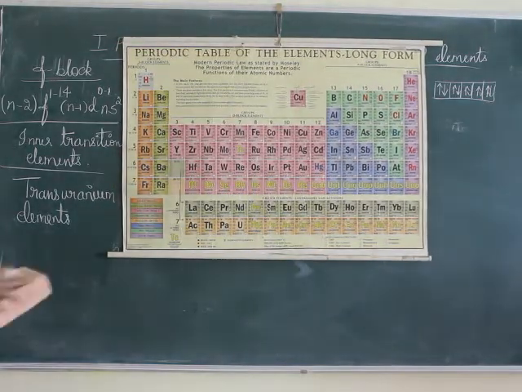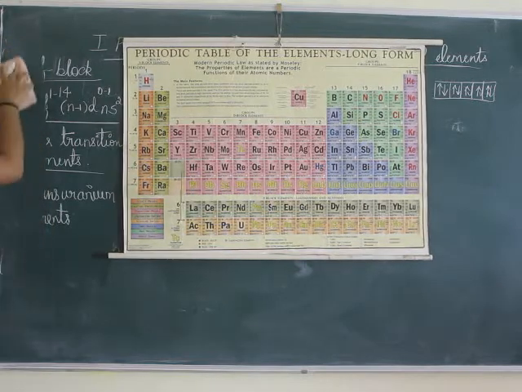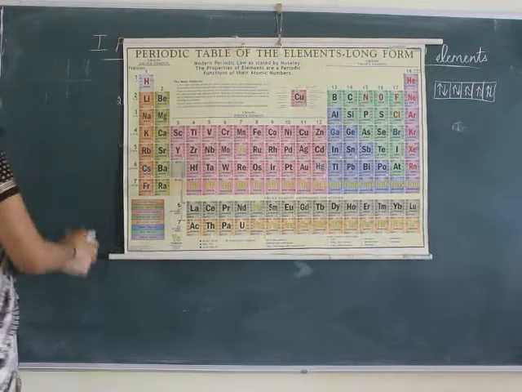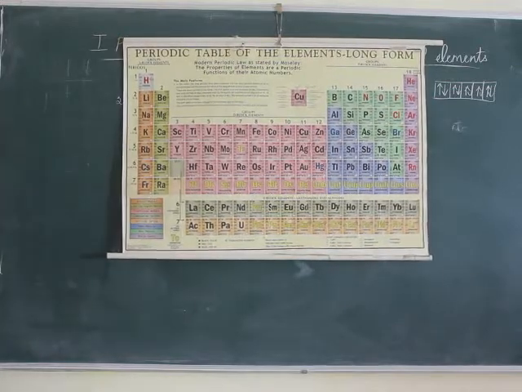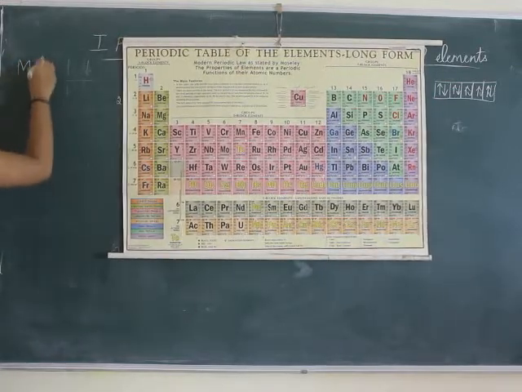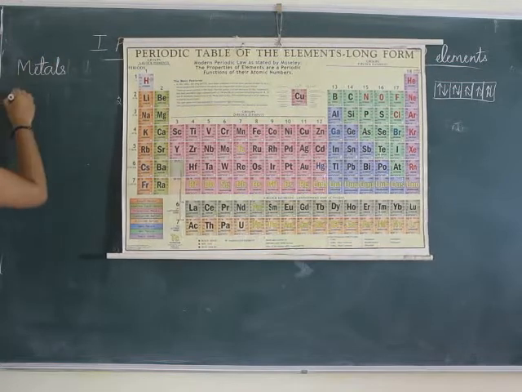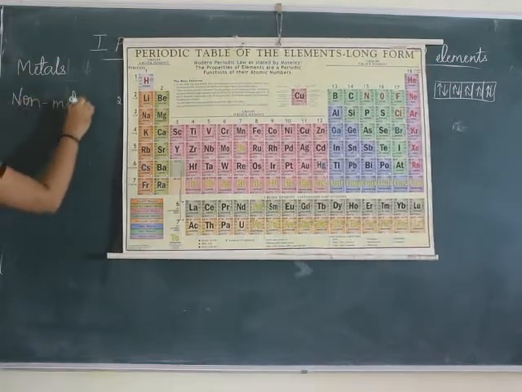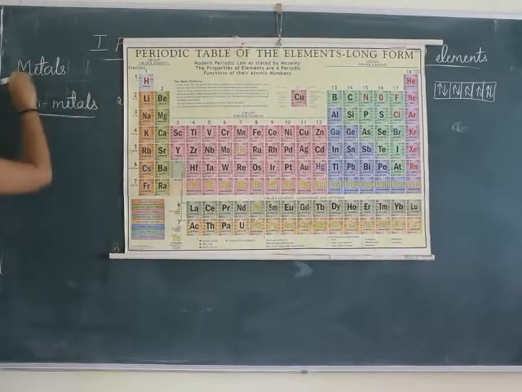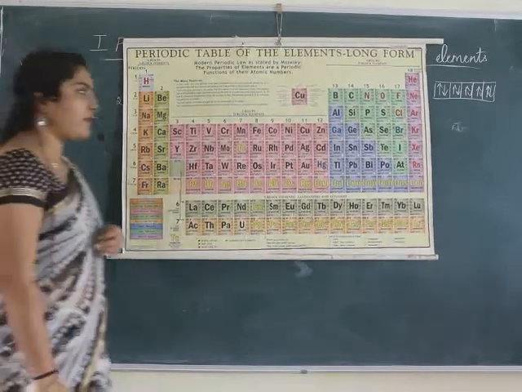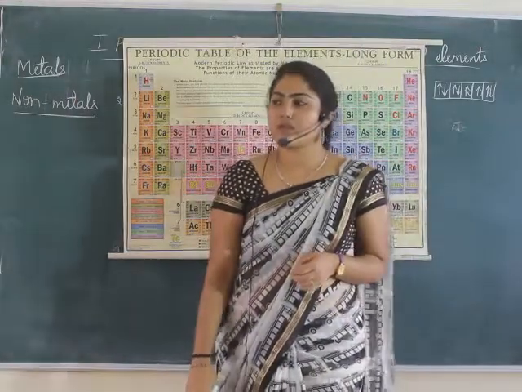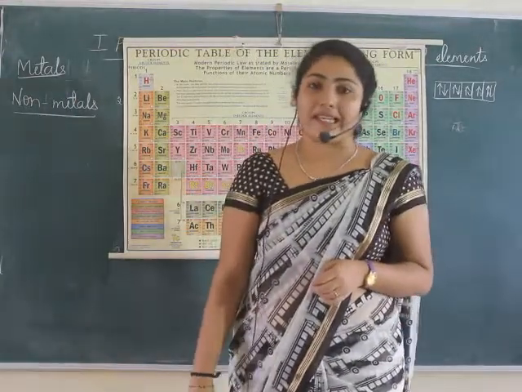Next, let me explain about the metallic and non-metallic properties. It's again very easy. Metals, non-metals. When we say what are metals, we say metals are those which are malleable and ductile.